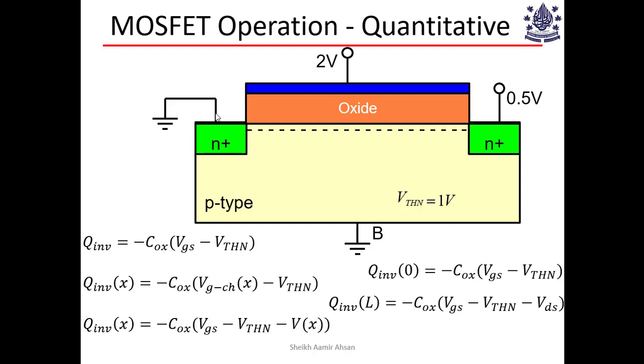Okay, so this ground is almost felt here, right underneath the gate at the source side, and this 0.5 volt is felt almost here. All right, so the major takeaway is that inversion charge decreases as you go from source to drain for an applied positive voltage at the drain electrode.